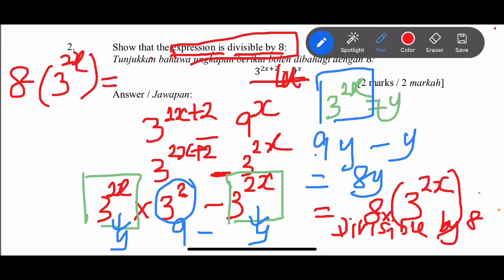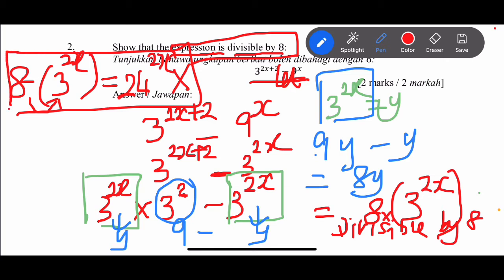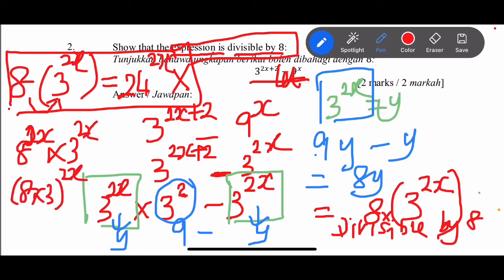Okay, so whenever you see this kind of question, you have to do it this way. Don't simplify to 24 power 2x. That is totally wrong. Okay, 8 times 3 power 2x cannot be 24 power 2x. I noticed that many of you simplify like this, which is totally wrong, because when you want to simplify like this, you must make sure the powers are the same.